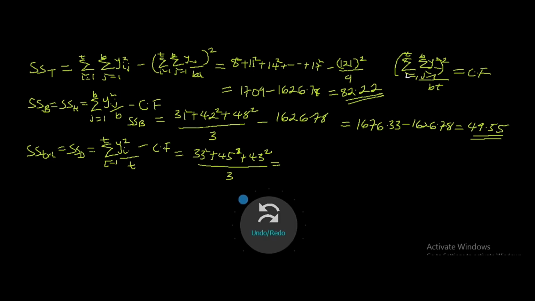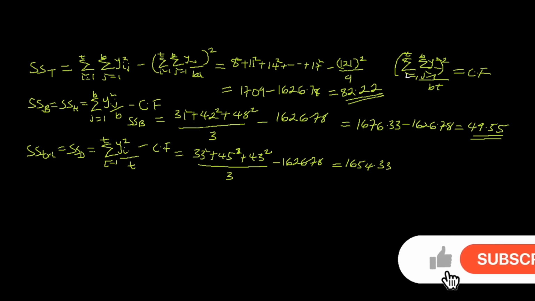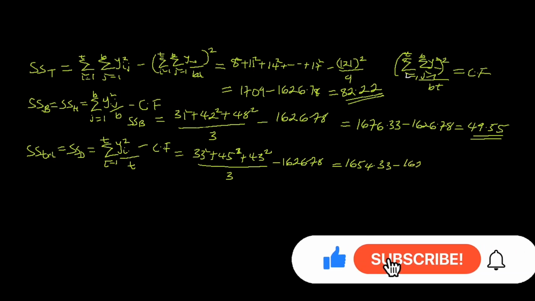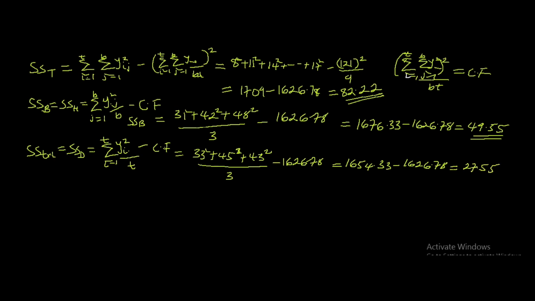So this is going to be minus 1626.78. If you do that very well, if you do that correctly, you are going to have 1654.33 minus 1626.78, which is going to give you 27.55.